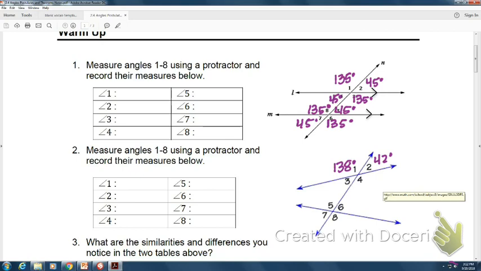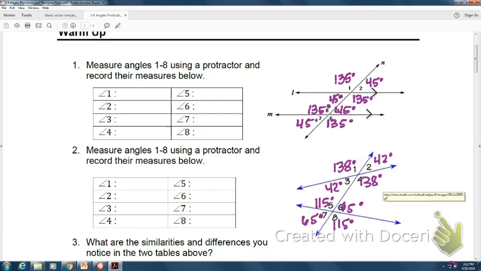Vertical angles, and vertical angles are congruent. Okay, angle 5 is what? 115, sure. 6, 7, and 8. Very good.